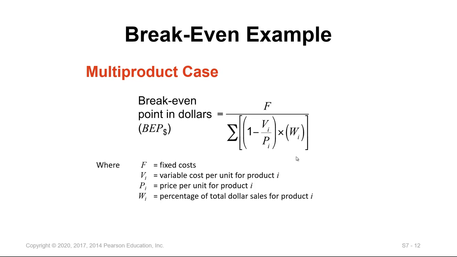So with the multi-product case, the break-even point in dollars will equal fixed cost divided by the sum of 1 minus variable cost per unit divided by the price per unit, multiplied by the dollar sales percentages. So we need to find the percentage of sales for each product and then multiply by the factor that we have, adding all that for the different products, and then find the break-even for the company.